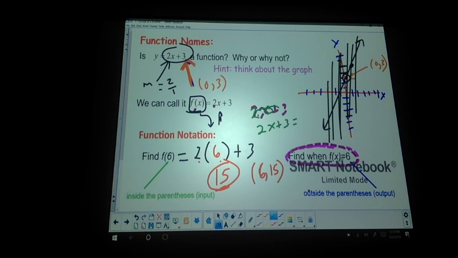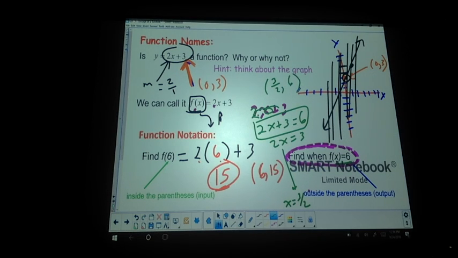And then we know f at x equals 6. So what do you think I should do with that 6? Equals 6. There you go. How can I solve this equation? Subtract 3 from both sides. Good. And then divide by 2. So that's going to give me x equals 3 over 2. And again, that would then yield me the point 3 over 2, which is 1.5 comma 6.